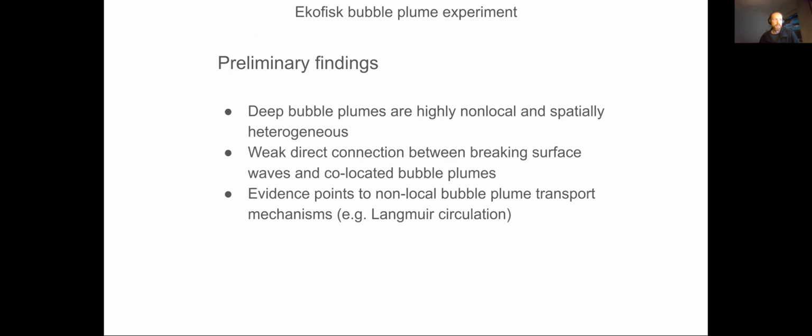And we hypothesized that the plumes might be advected both horizontally and also vertically by other mechanisms, such as potentially Langmuir circulations, which are a process that happens due to wave current interactions.